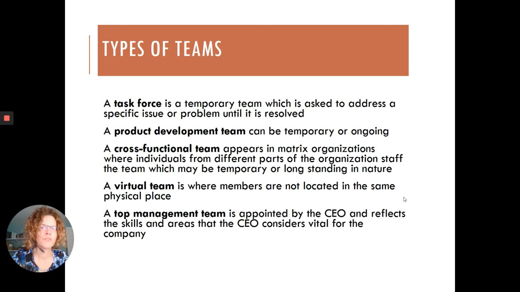So that cross-functional team, that project or process team, might have someone from accounting, someone from marketing, someone from IT, someone from production, and together they'll work on some process or project that needs the attention, the expertise of all those different functions.